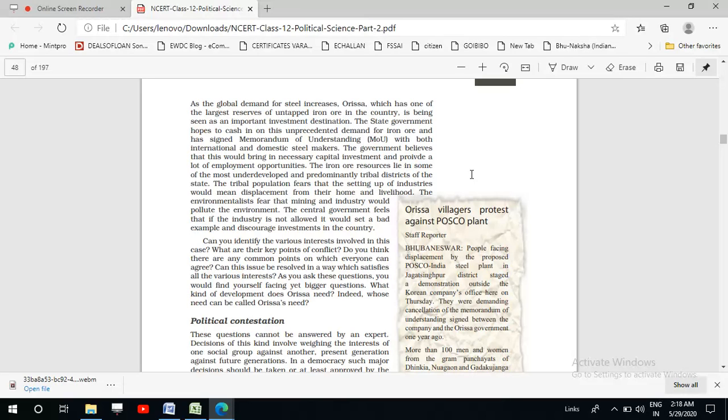Then the central government is also there, because the central government is of the opinion that if it does not allow the Korean company, then what happens?